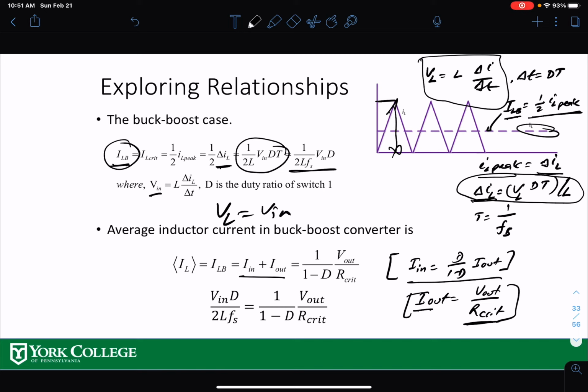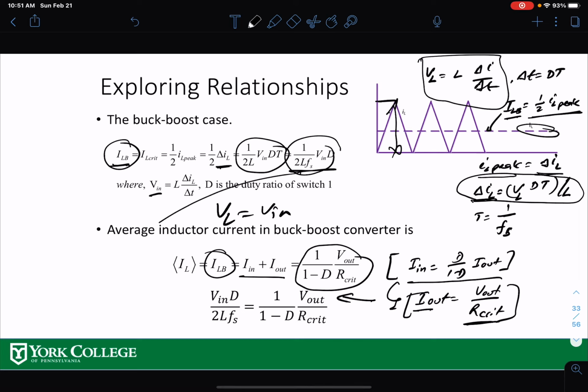You put it back here, then you get this equation for ILB. If we use these two equations back in this, you get that one. I'll leave it up to you. Then I also know the ILB from here, so I'm going to bring that to here. So this is my equation for this critical condition, trying to relate input and output voltage, and also trying to find what my R critical value will be.